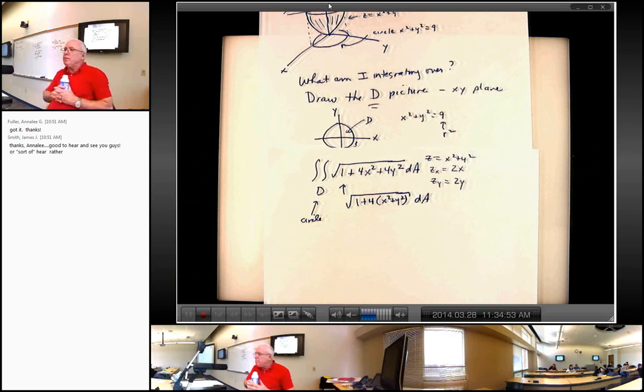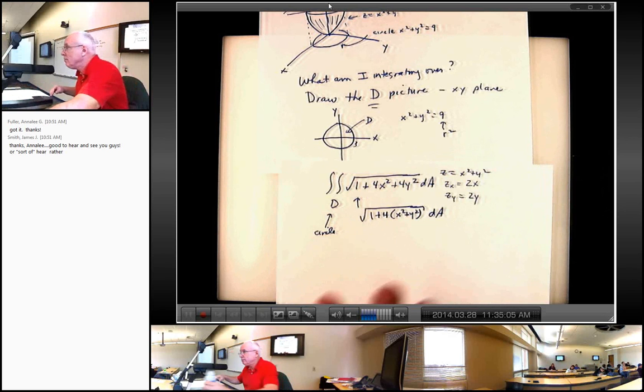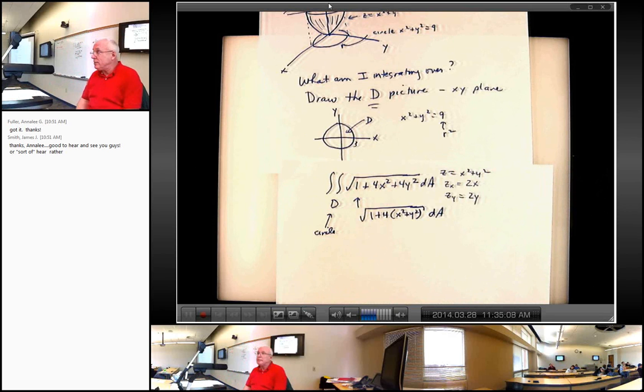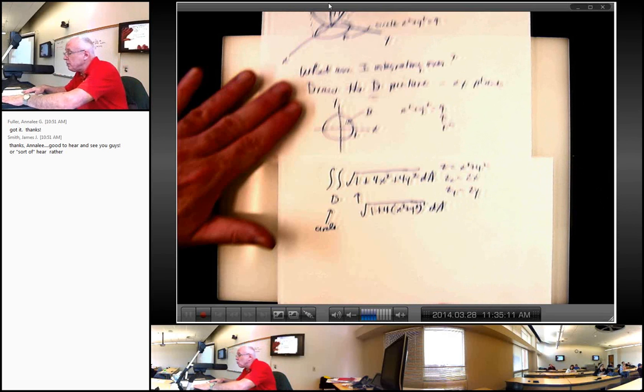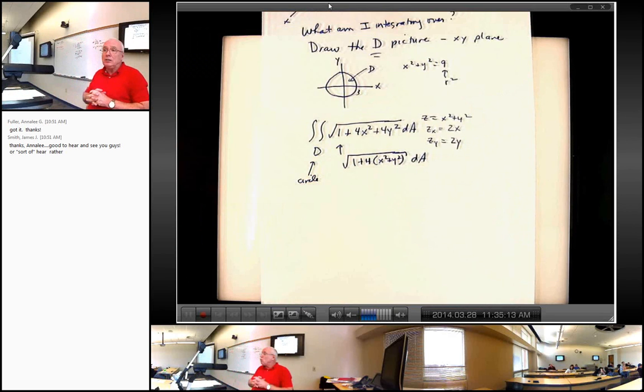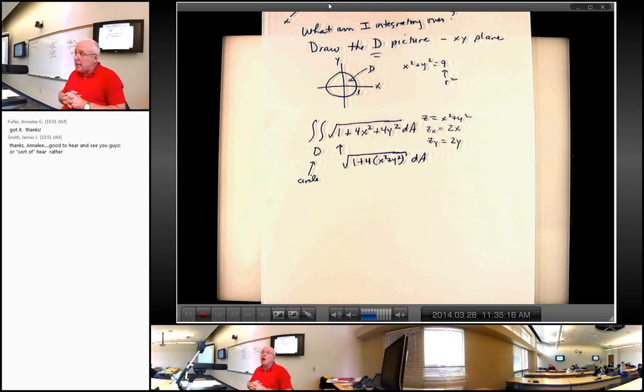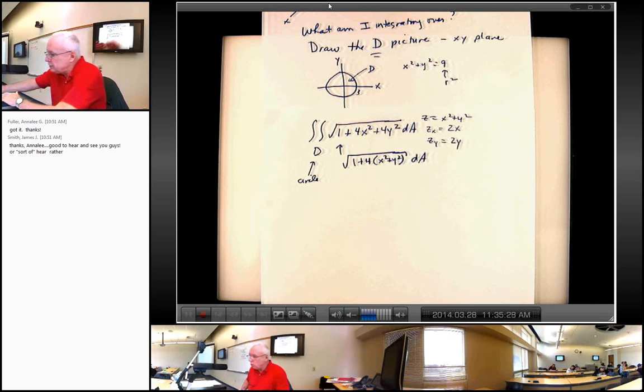Could we benefit from using polar coordinates for this integration rather than sticking with rectangular coordinates? I hope we're going to say yes to that, because rectangular coordinates could be quite a daunting task. But polar coordinates, because it's a circle, we have x squared plus y squared, it basically cries out for the use of polar coordinates.